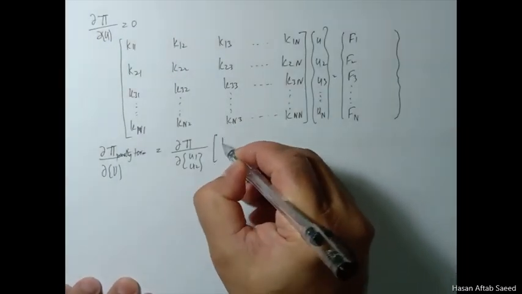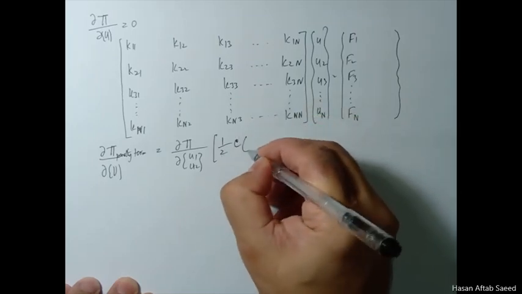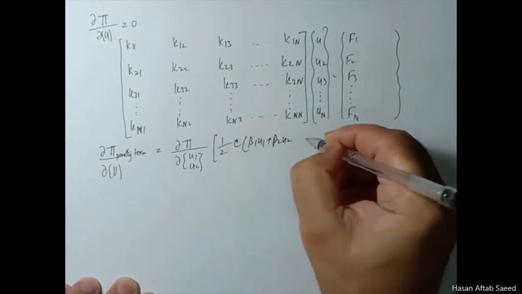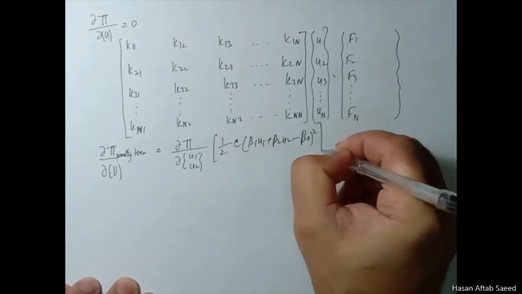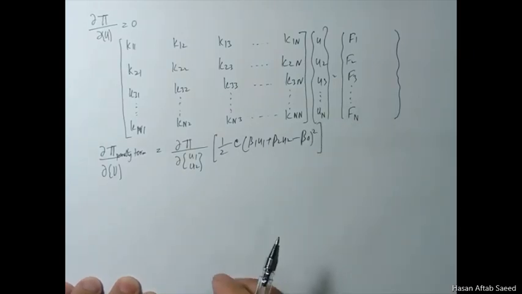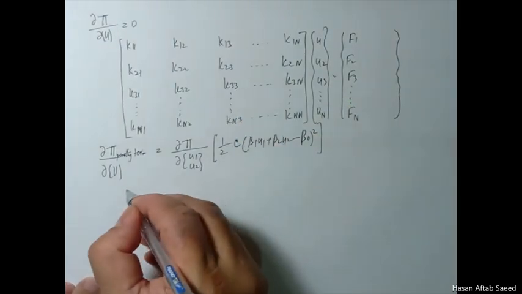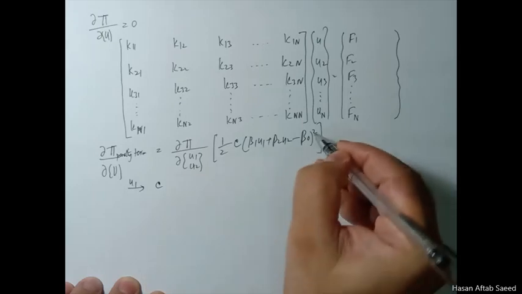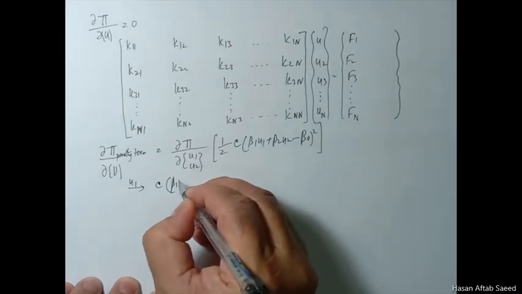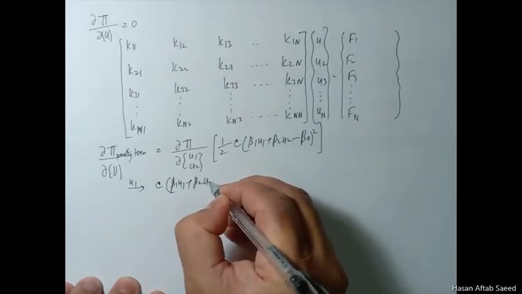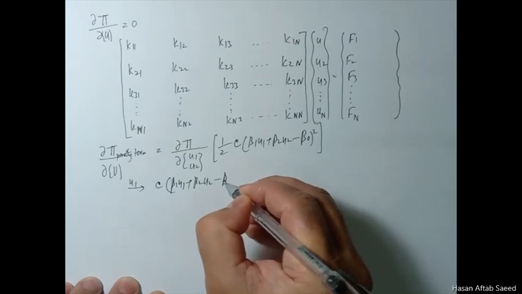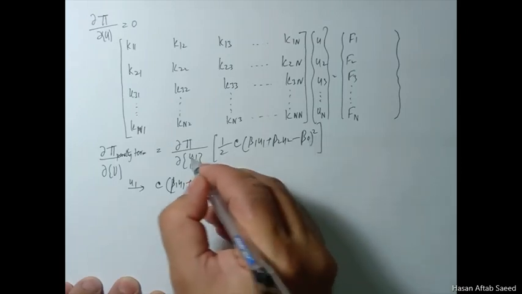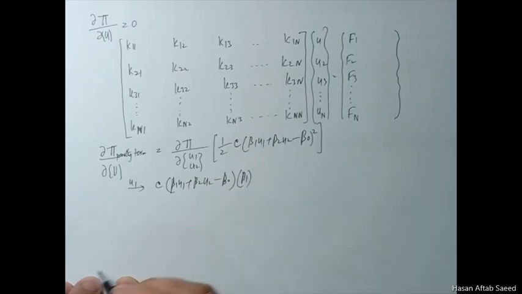And the expression itself is the expression that we added to the potential energy expression. Now this we have to differentiate. So if we differentiate with respect to u1 first, the 2 gets cancelled, b1 u1 plus beta 2 u2 minus beta naught, differentiating with respect to u1, so we also get a beta 1 here.